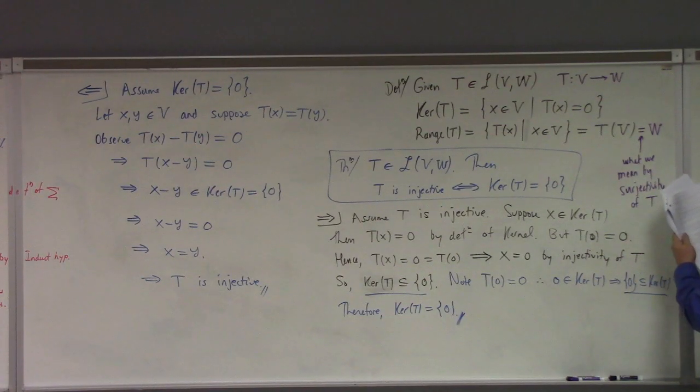If T is a linear map from V to W, right?